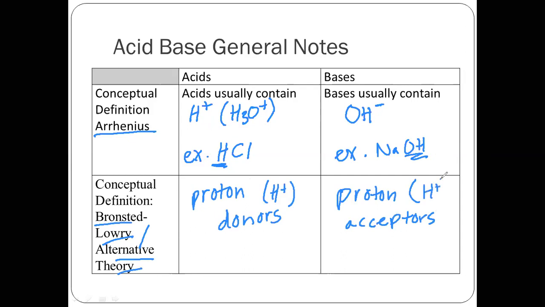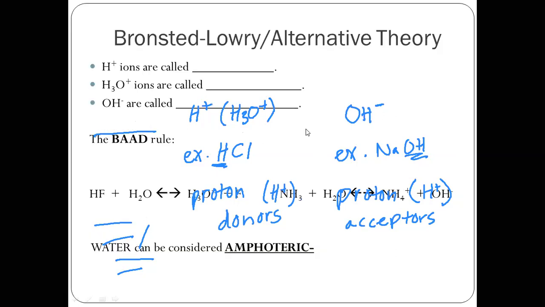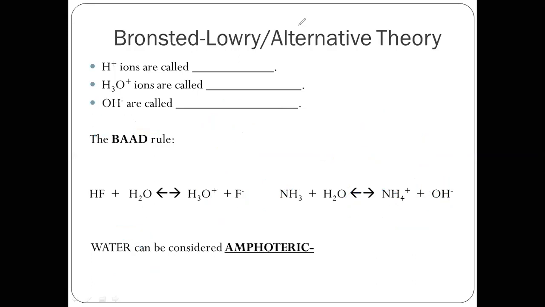H plus. And this is the one that the Regents prefers to test on. Okay, so moving on. Okay. H plus ions are called protons, or you could say hydrogen.